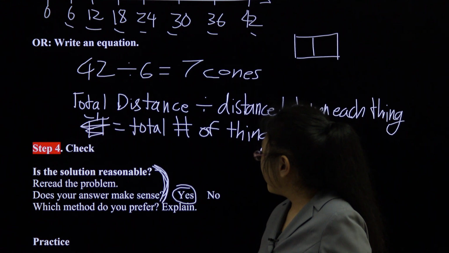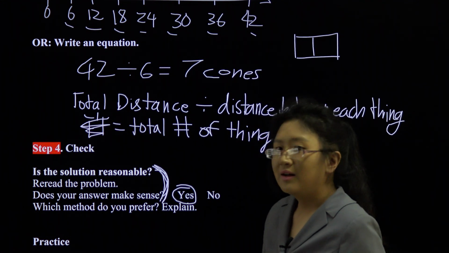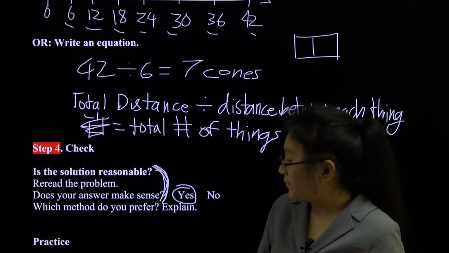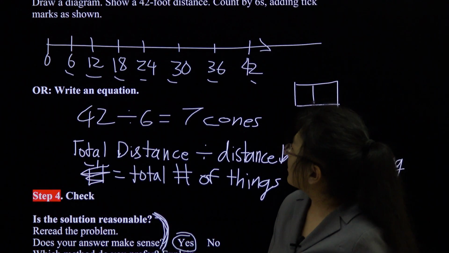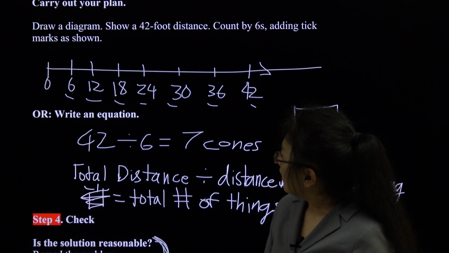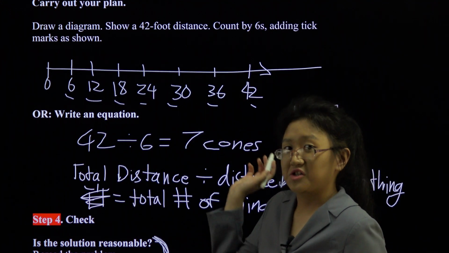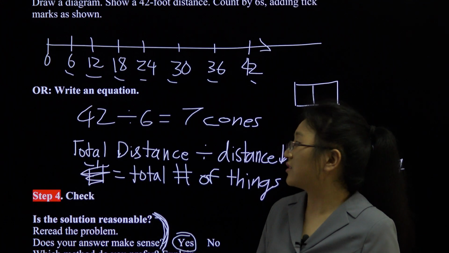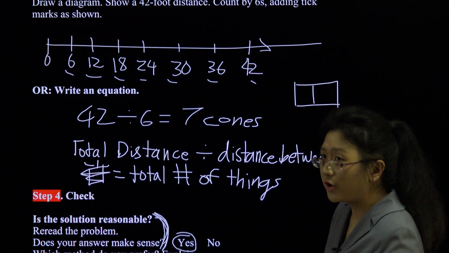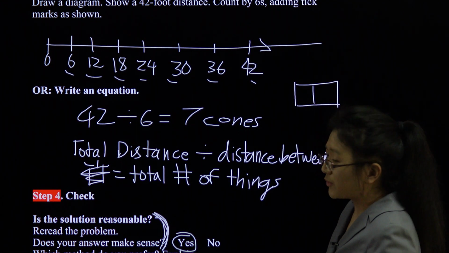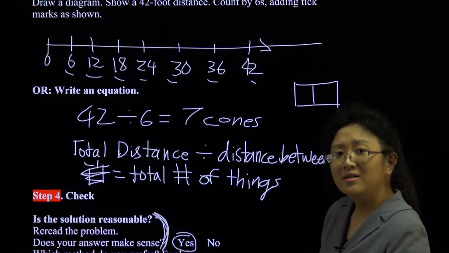Which method do we prefer? Well, that's personal preference. But honestly, the algebraic method is much less line drawing-ish. And usually you might not have enough space to draw a line, and for the most part, if you know your multiplication table, the algebraic method would be really easy.